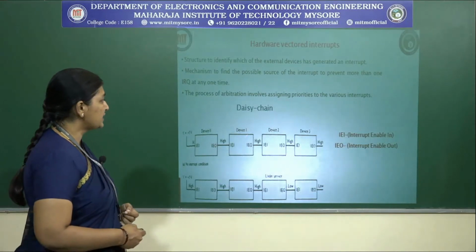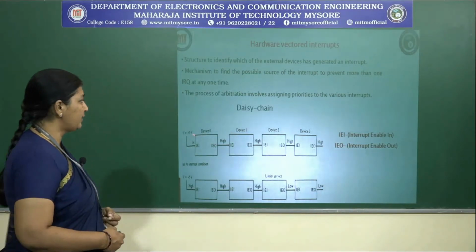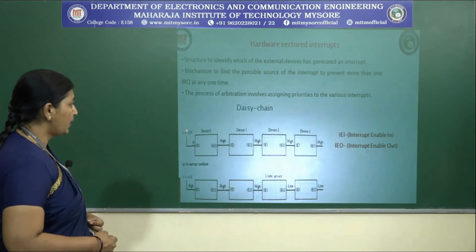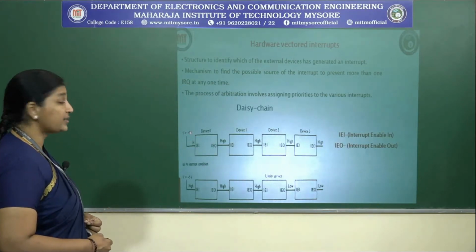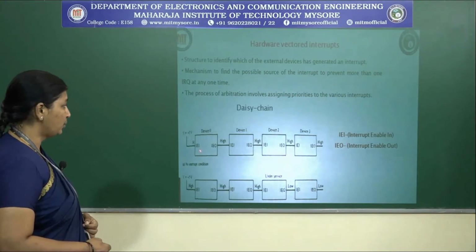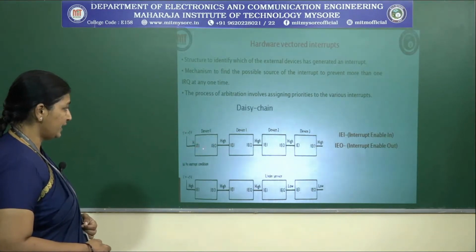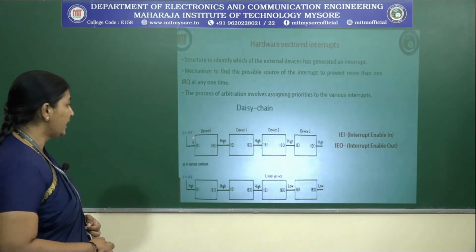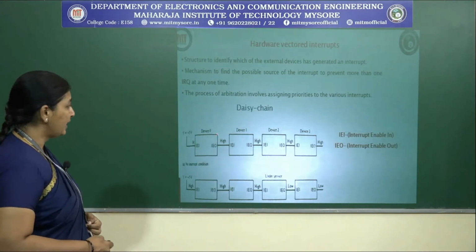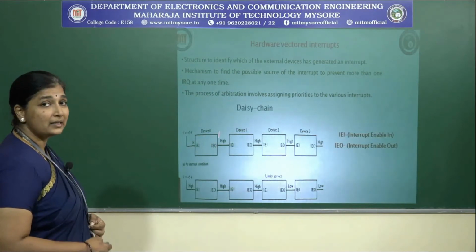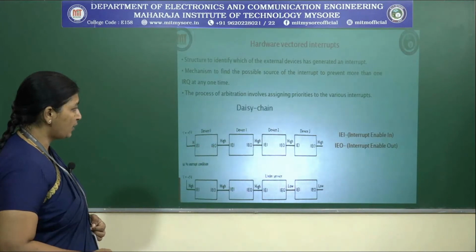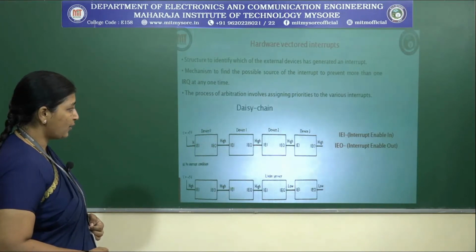If you see this block diagram, you have device 1, device 2, device 3 and device 4, and you have an input supply of high 5 volts. You have IEI, the interrupt enable in, and IEO, the interrupt enable out. In the first block, you have high for all these signals.